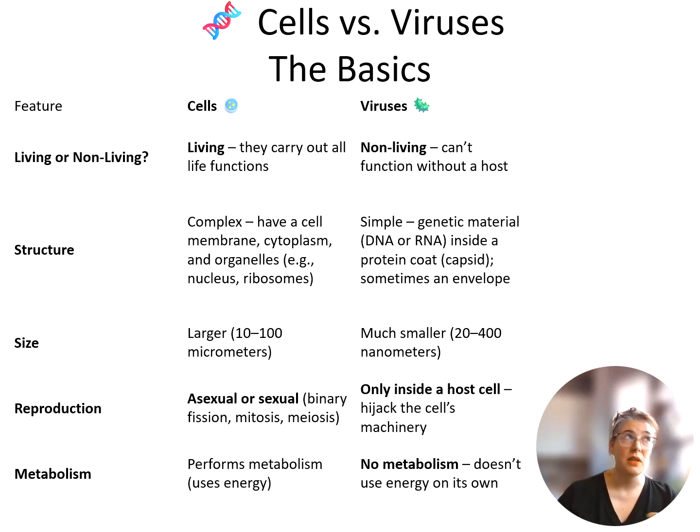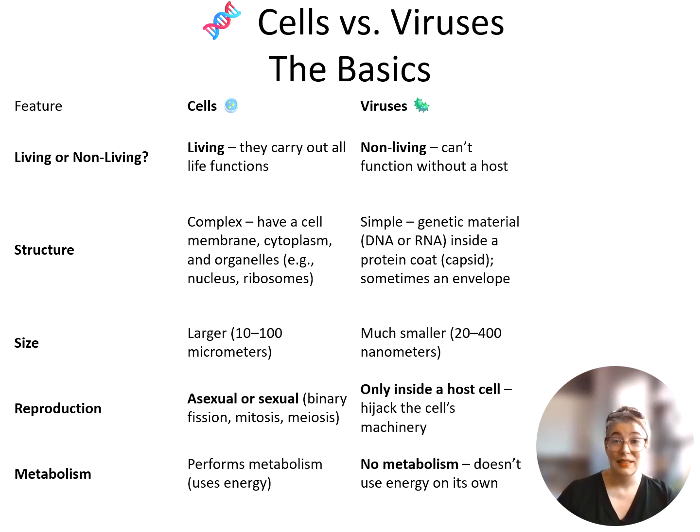So there's going to be a cell membrane, mitochondria, cytoplasm, ribosomes, whereas viruses, they have genetic material, and that's going to be inside a capsid, and sometimes that capsid will be protected by an envelope, but it's not nearly as complex as our cell.